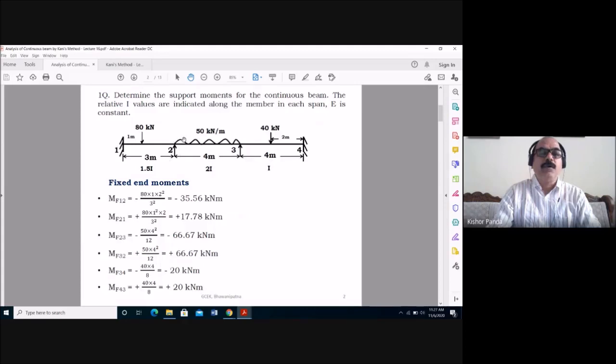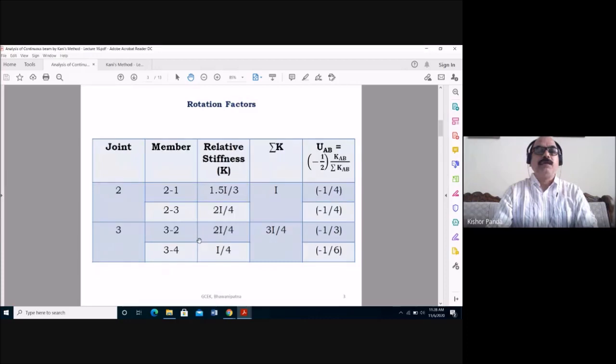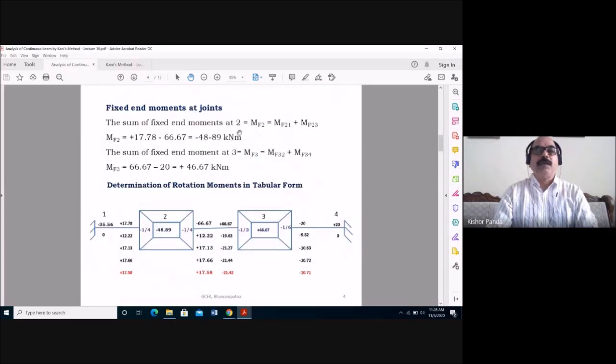So what is the moment at 2? MF2 is equal to MF21 plus MF23. MF21 is 17.78 and MF23 is minus 66.67. So MF2 is equal to 17.78 minus 66.67, which is minus 48.89 kilonewton meter.